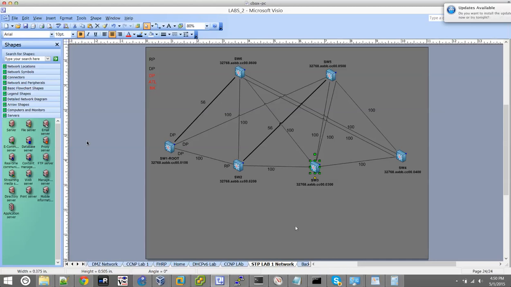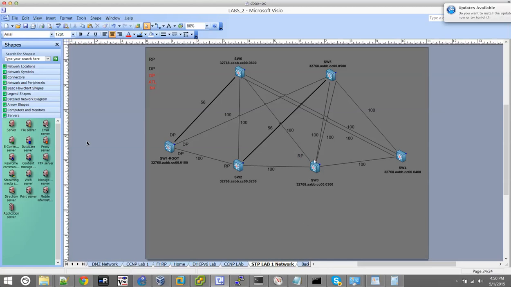Now, where is his root port going to go? We got 100, and then we got these two paths, 200, 100, 200, 100, 200. So we already see the best path to get over to the network is through this 156 link, going through switch 6. So we'll go ahead and make that his root port.